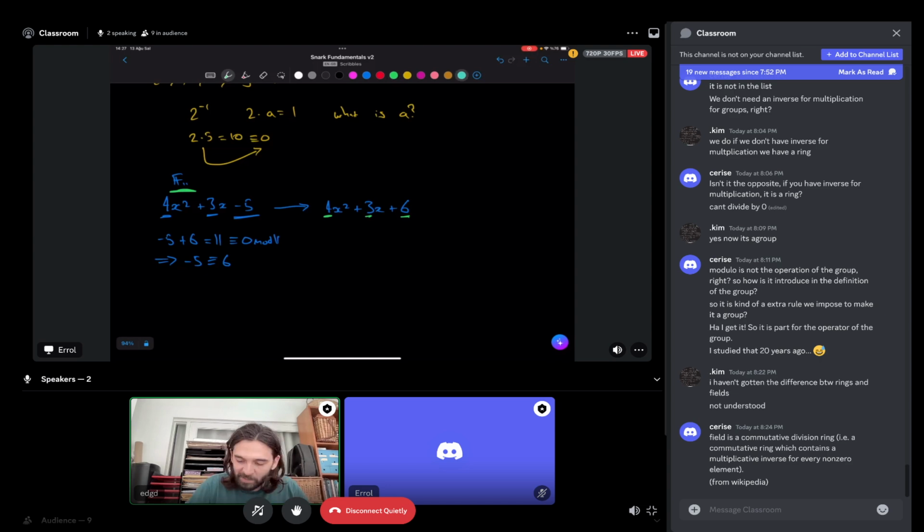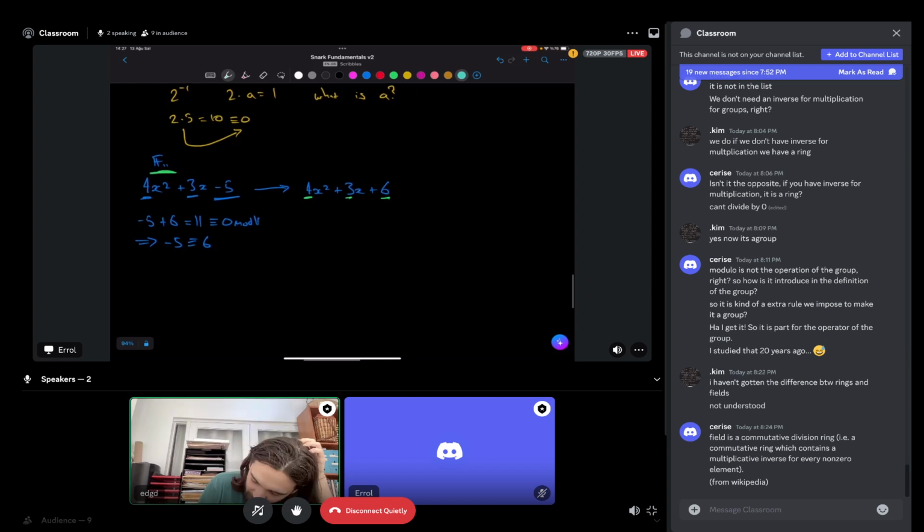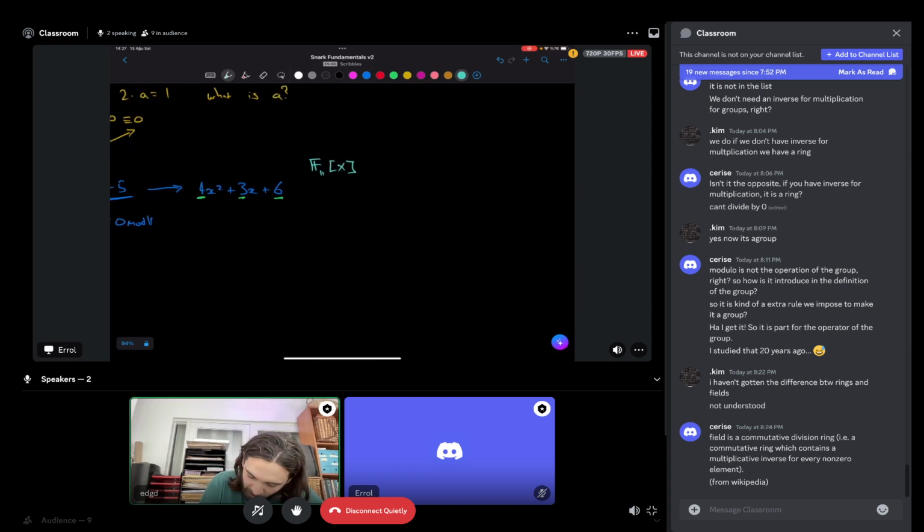And we refer to all these polynomials more generally with this notation, F11, square brackets, x. This means all polynomials of that format. We can have 3 plus 7x, or 5 plus 10x to the 1,000, plus any other term.